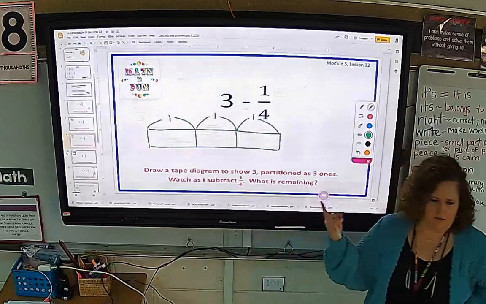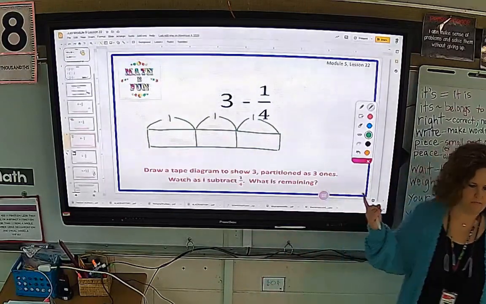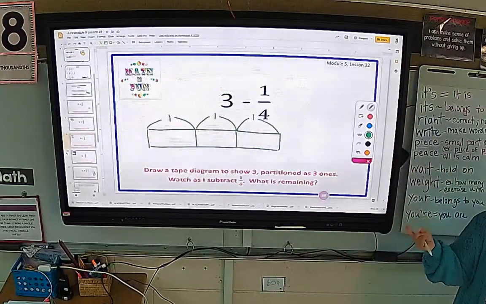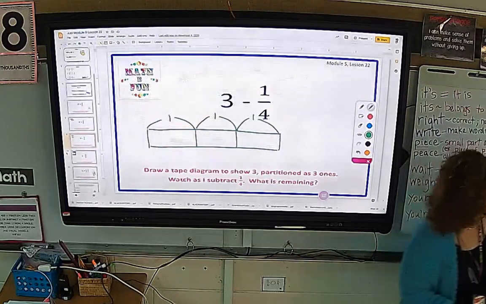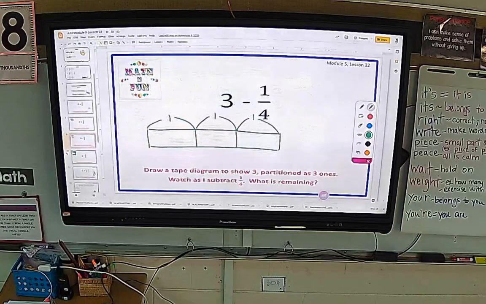Now, I've got to somehow show that I'm taking away 1/4. Now, is 1/4 smaller than one hole? Yes. Is 1/4 smaller than 1 hole? Of course it is. We know that.